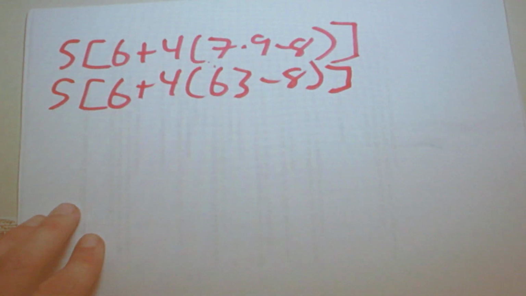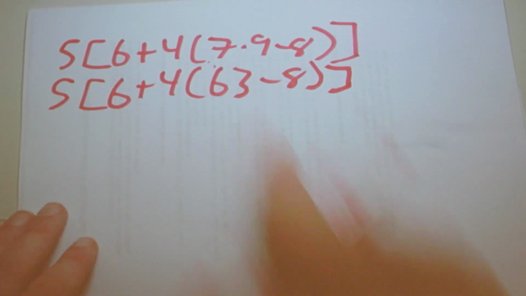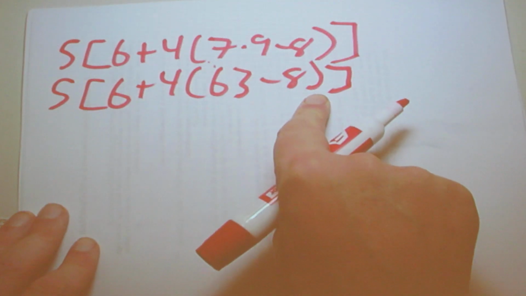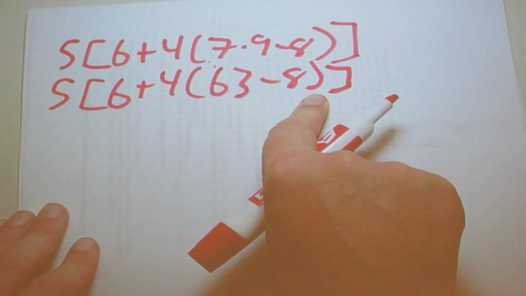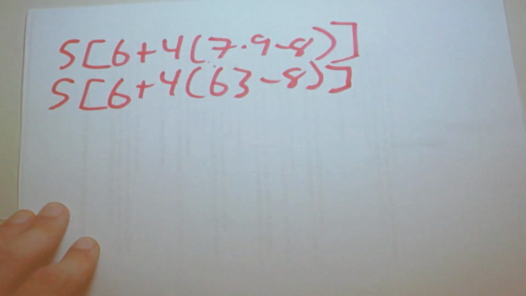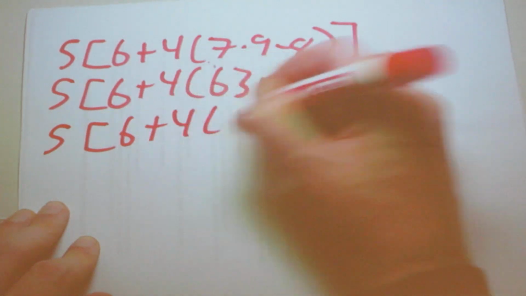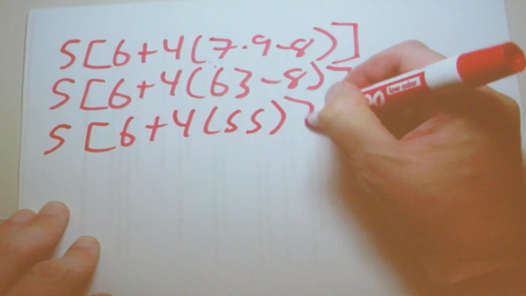Now we are going to do what's inside the very inside bracket. So we're going to have 63 minus 8, which is 55. 6 plus 4 times 55.